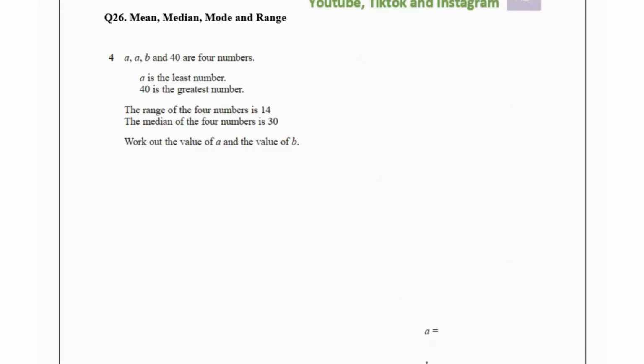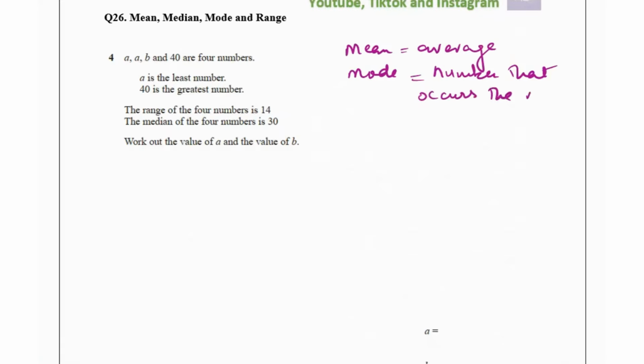So for these type of questions, you need to know the difference between mean, median, mode, and range. Mean is your average. Mode is your number that occurs the most. Median is your middle value.